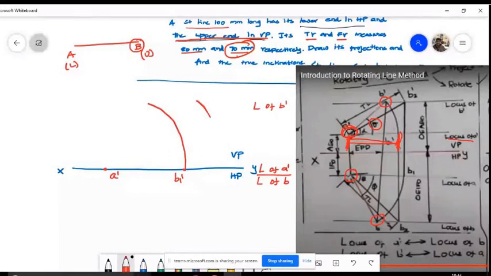Till which point will I project? Locus of A, sir, to meet the straight line above. Sir, we will extend it to meet the straight line that is drawn.